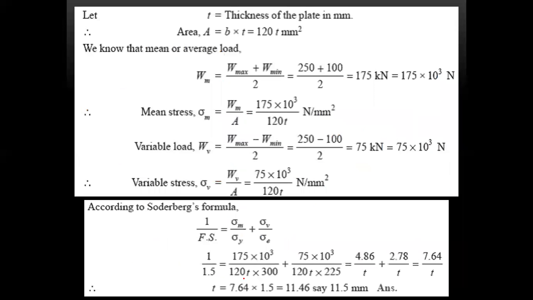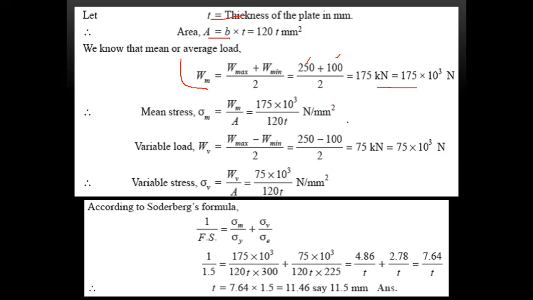Then write the given data. Let t be the thickness to be found. Area is equal to b into t, that is 120 t. Therefore, average load Wm is equal to (W max plus W min) by 2. So the maximum is 250, minimum is 100, divided by 2, that is this one.